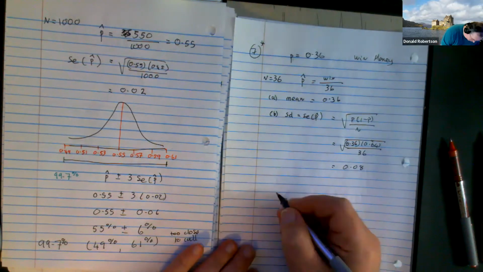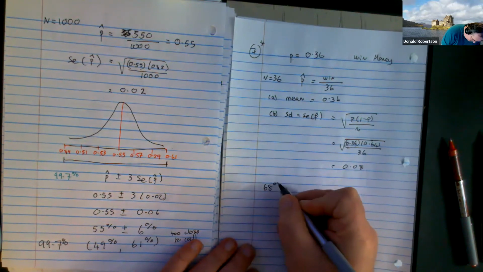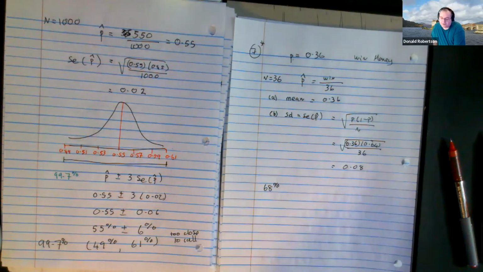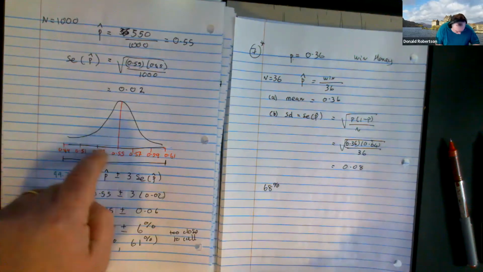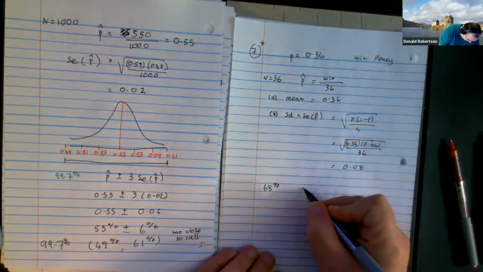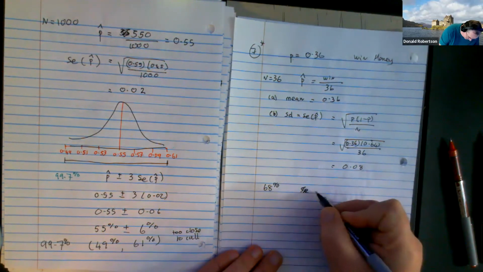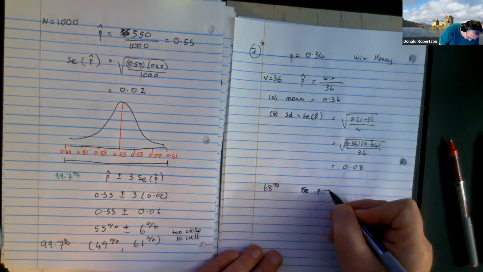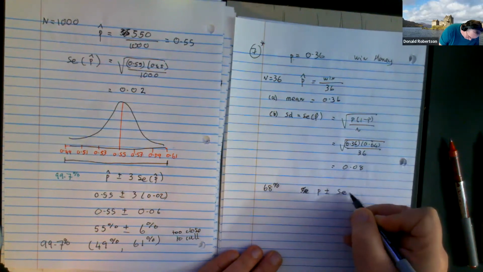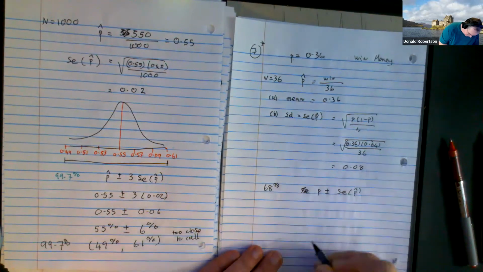They then go on and say, okay, find a 68% interval. Now, if you want to do a 68, I could draw the picture and put all the little numbers in, but isn't the 68 going to be the P guy plus or minus 1 standard error?